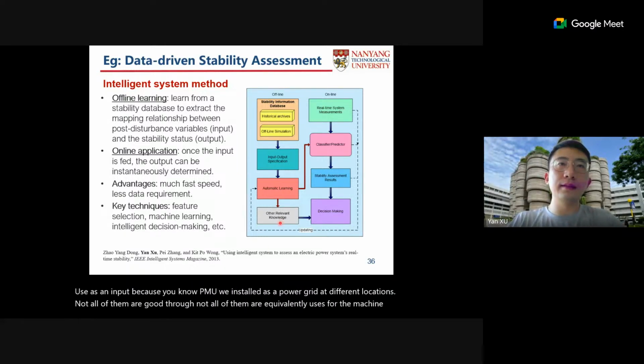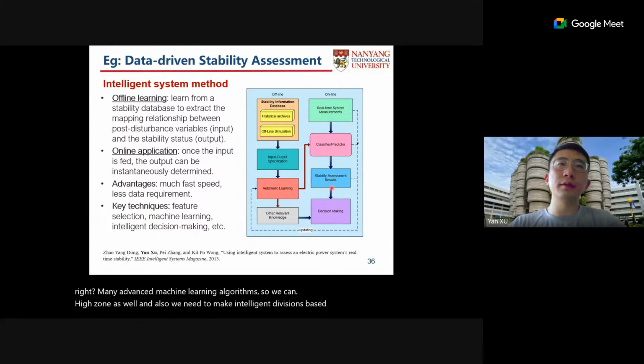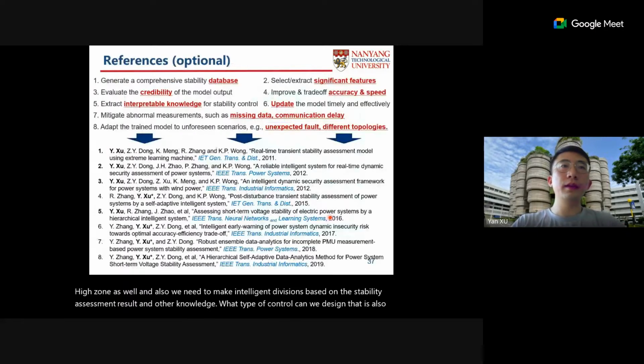So we need to select the most significant features. And certainly we need to develop machine learning algorithms. Nowadays, people are talking about deep learning and many advanced machine learning algorithms, so we can apply them as well. And we also need to make intelligent decisions based on the stability assessment results and other knowledge. What type of control can we design? That is also an important topic.